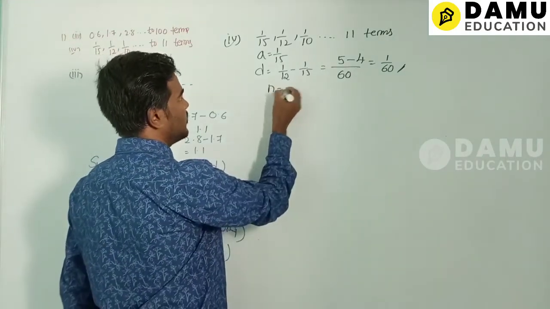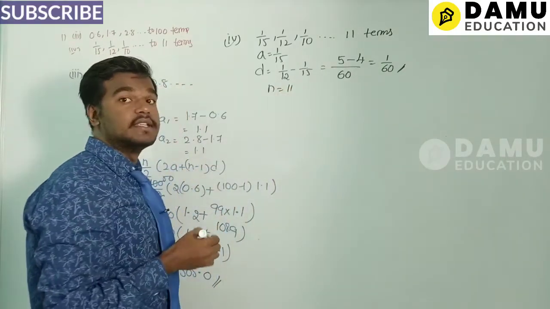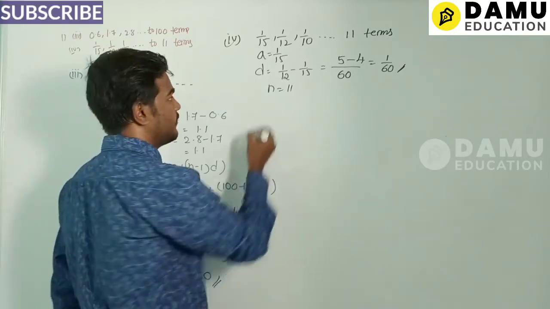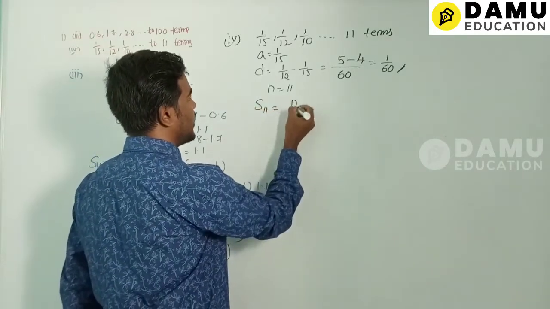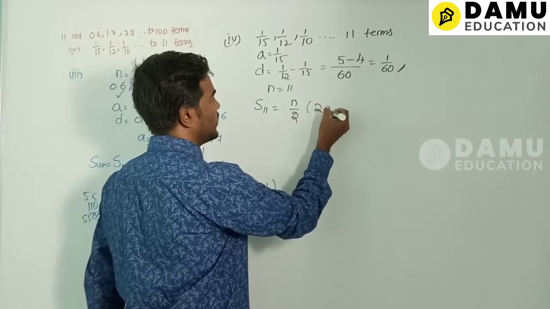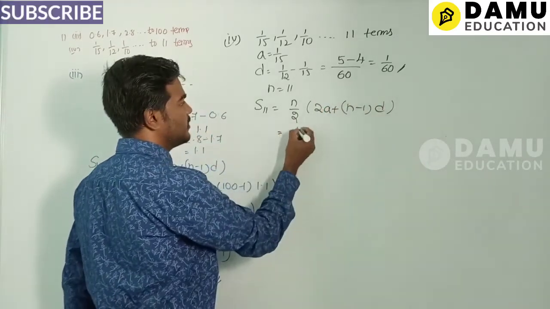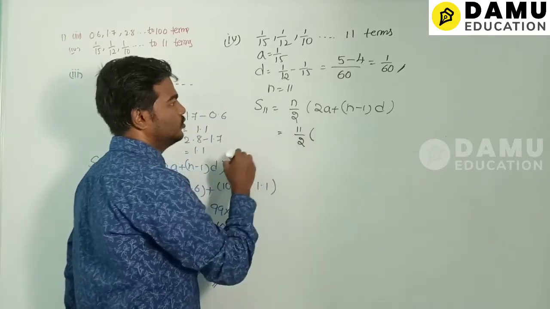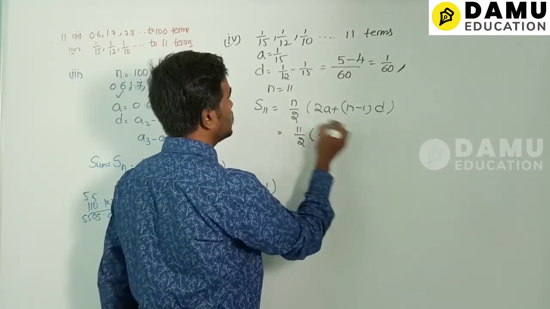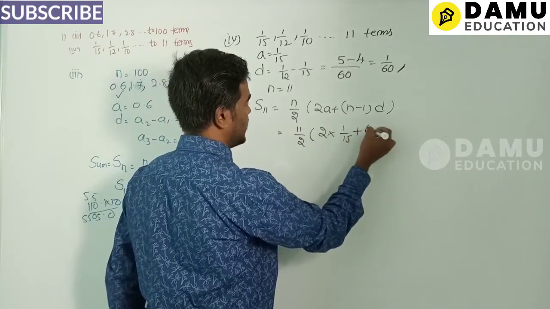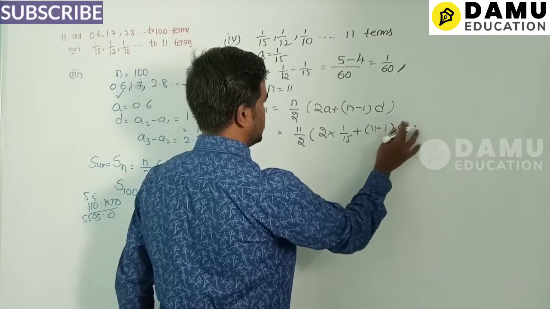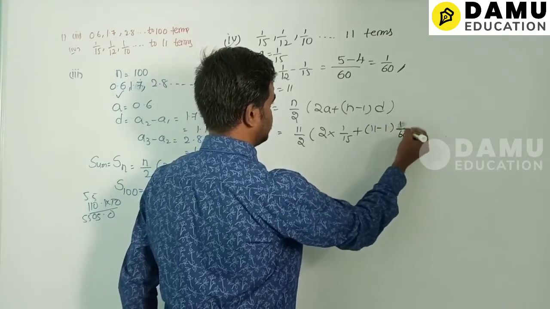11 terms, right? n will be equal to 11. So the sum of 11 terms, S11, is n by 2 into 2a plus n minus 1 into d. So 11 by 2 into 2 into a, which is 1 by 15, plus n, which is 11 minus 1, into d, which is 1 by 60.